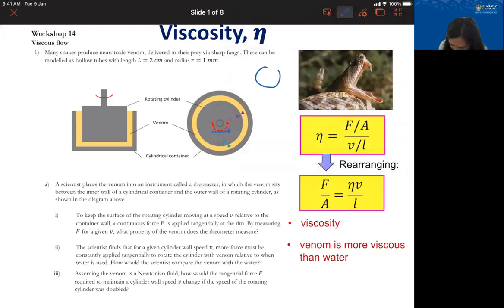So if that's your circular path, if you take different points, tangent means you're drawing a straight line that's just grazing the point that you're looking at. So that's tangent. At this point, the tangent force.